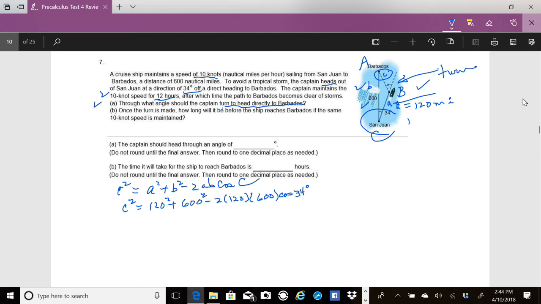Now, what most people generally do is just put all of this in their calculator and get C squared and then calculate the square root of C squared, which is 504.993653. We'll round that off, of course.